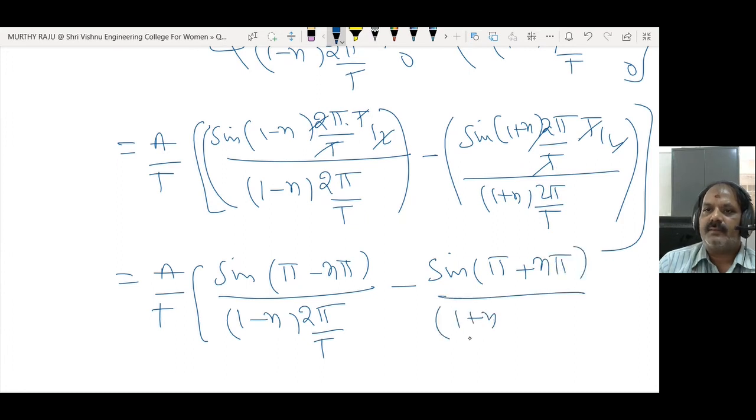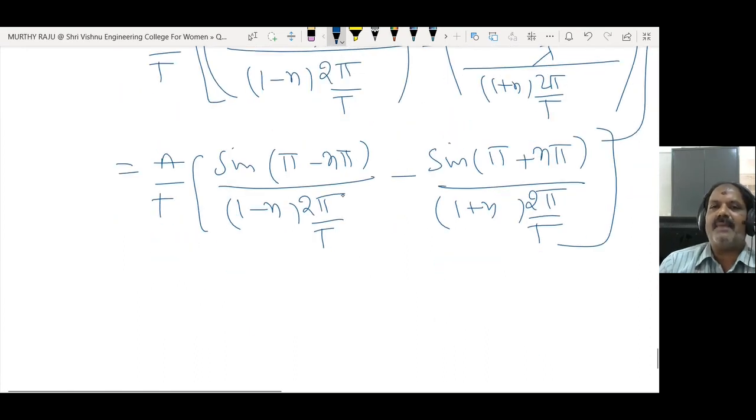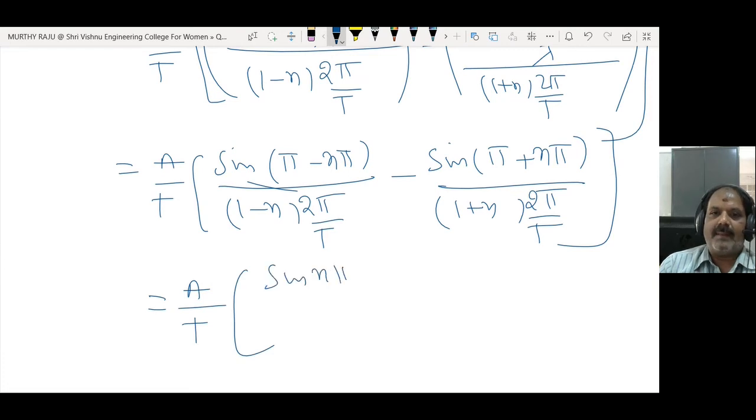over 1 plus n 2 pi by T. Sine of 180 minus theta, minus sine, plus sine n pi. Sine n pi is 0. That is A by T, sine n pi over 1 minus n 2 pi by T, minus, here also minus into minus is plus.